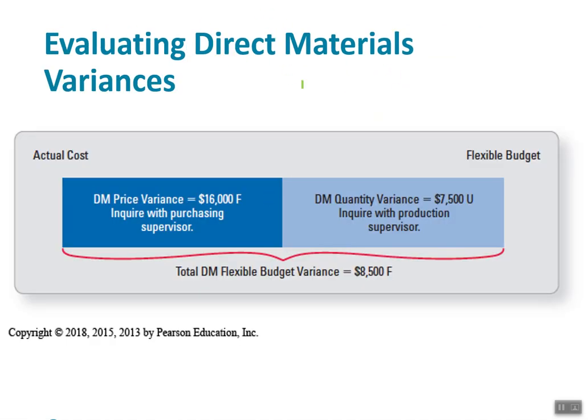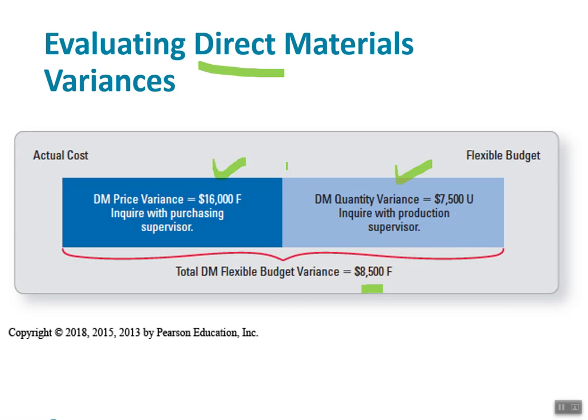Okay, so again, here's our direct material variances. Now we have to separate it into the price variance and the quantity variance. Again, it still adds up to $8,500 favorable, but you can see the price variance is very favorable, whereas the quantity variance is unfavorable.